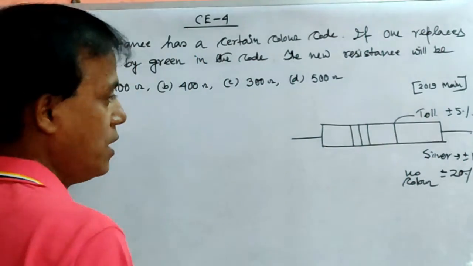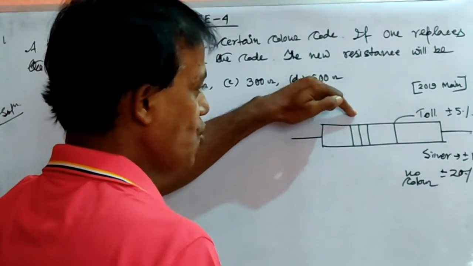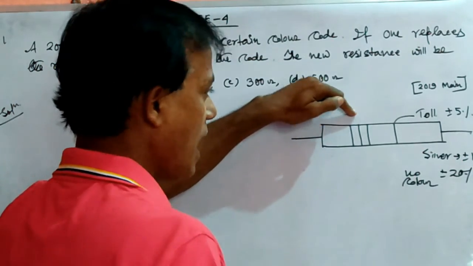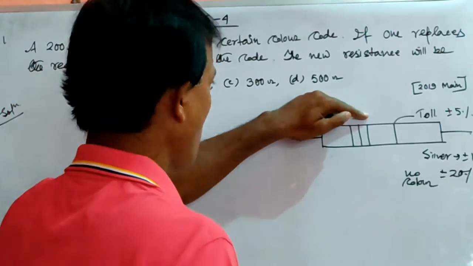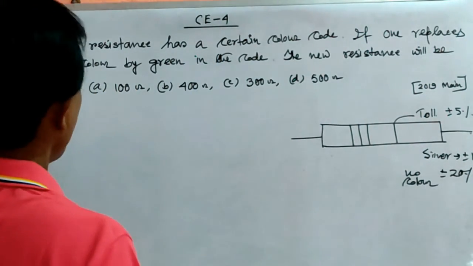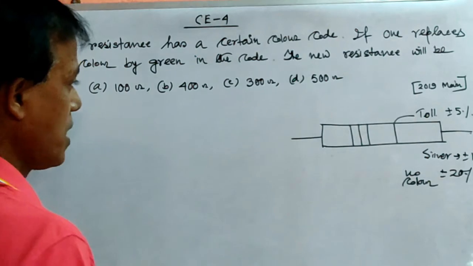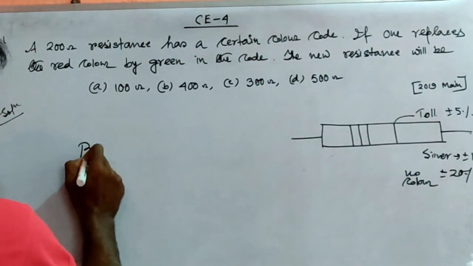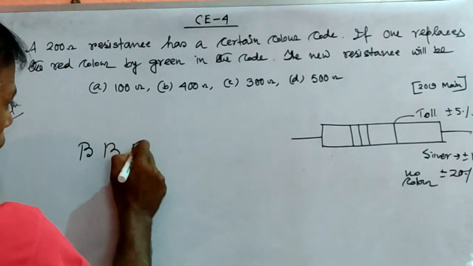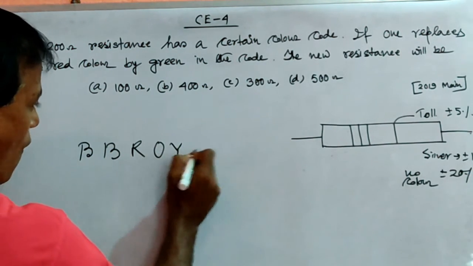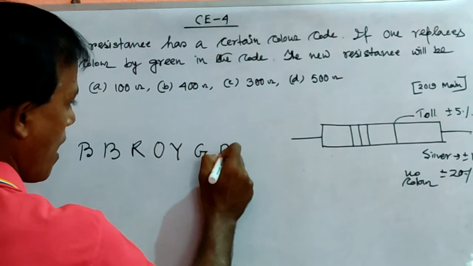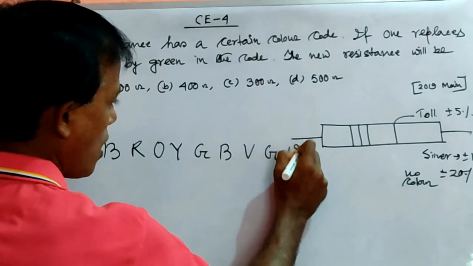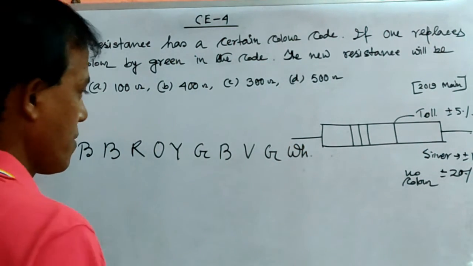Now, coming to those colors: the first two colors represent number digits and the third one represents the multiplier. For this example, it is a 200 ohm resistance. So we have to know the color code: B.B. Roy of Great Britain has a very good wife. W means white.